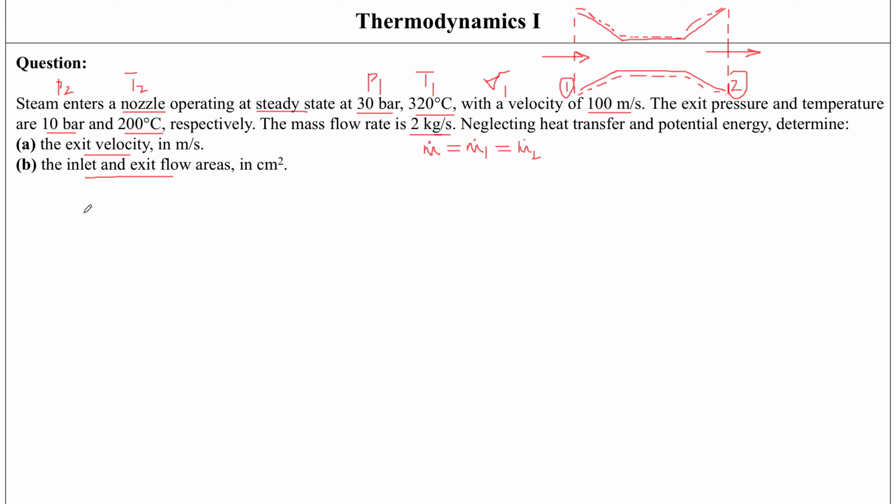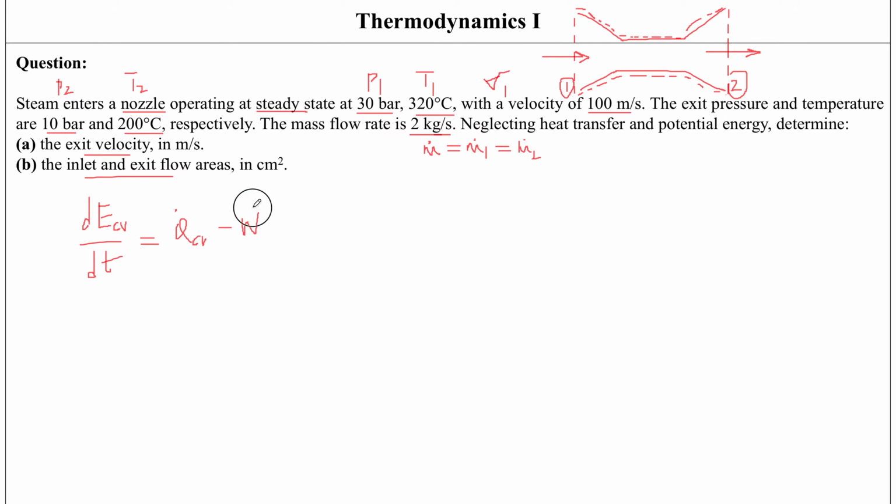And now we can go ahead and apply the conservation of energy principle onto it, the energy balance. And I'm just going to write the full equation, and then we're going to go step by step and eliminate what we can based on the information that is given to us.